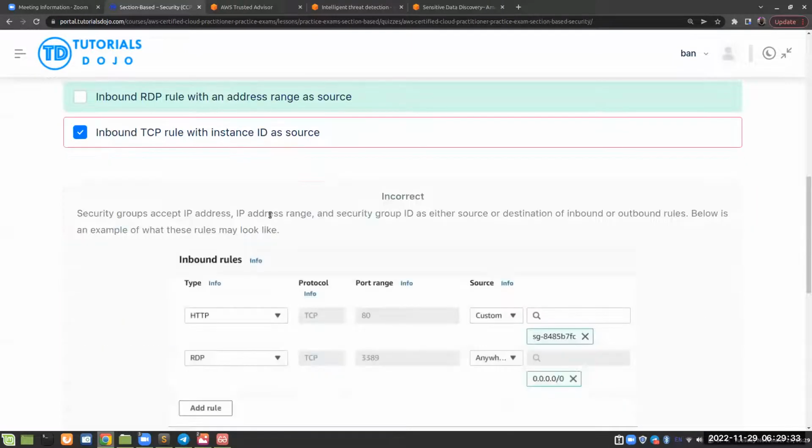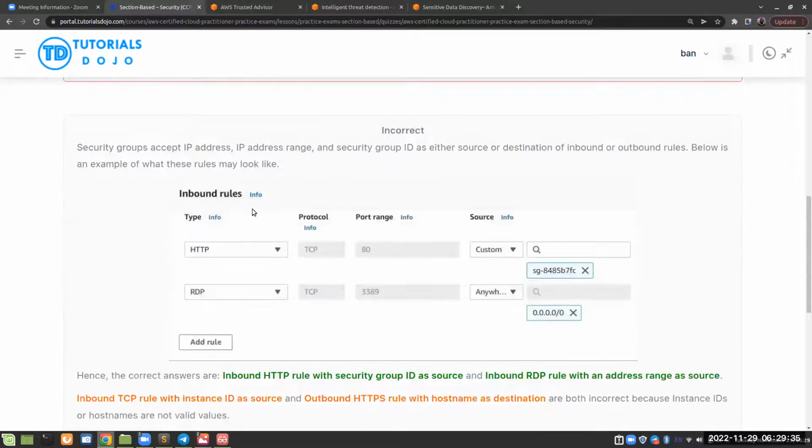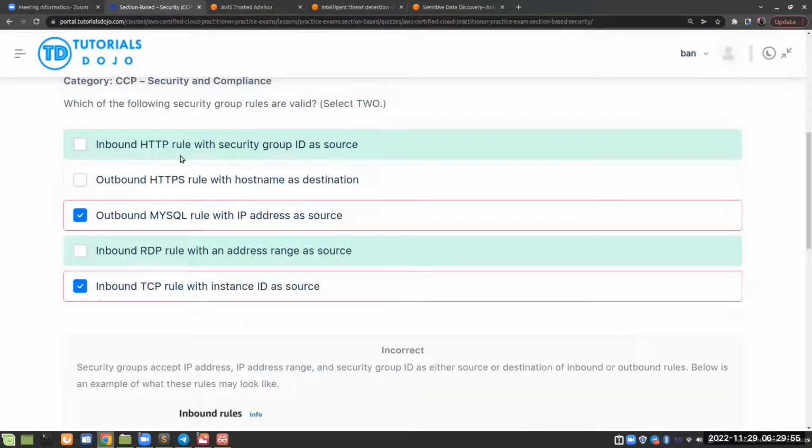And as I say, I can't really start explaining this most, but when we go to creating security groups, you see what will always come up. So you always see the type of traffic, the protocol, the port range, and the source can either be a security group or it can be an IP address. So inbound HTTP rule with security group ID as source.